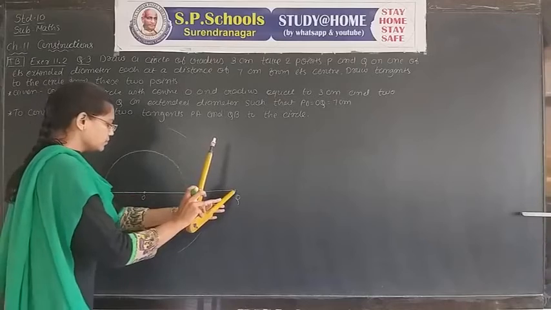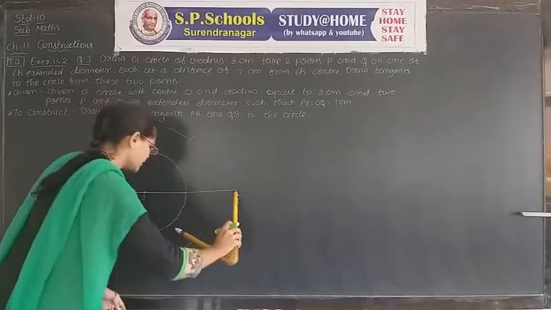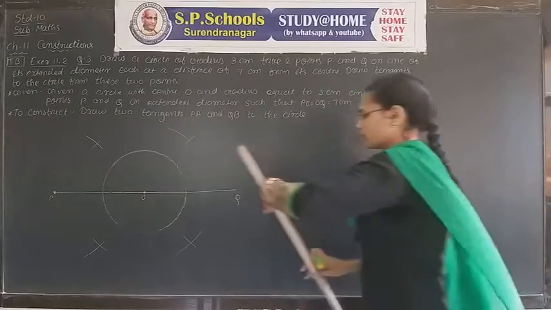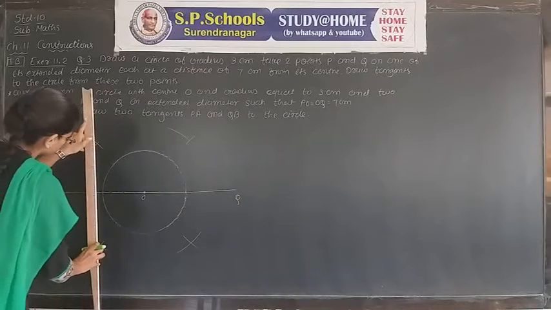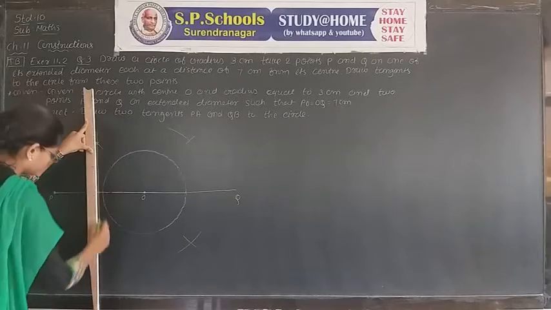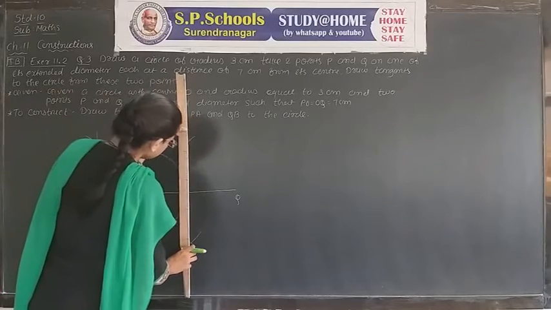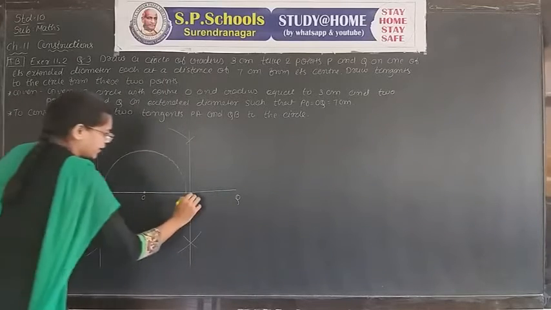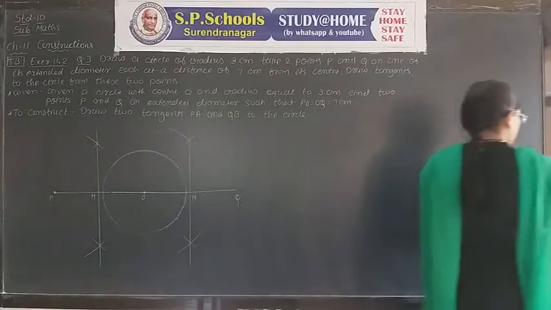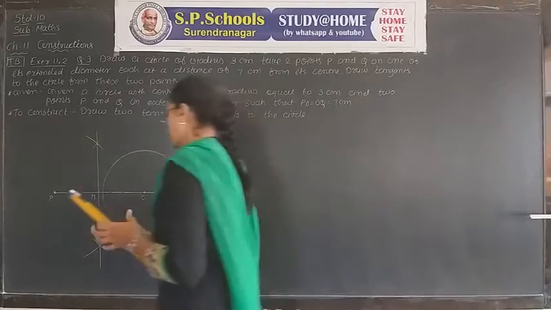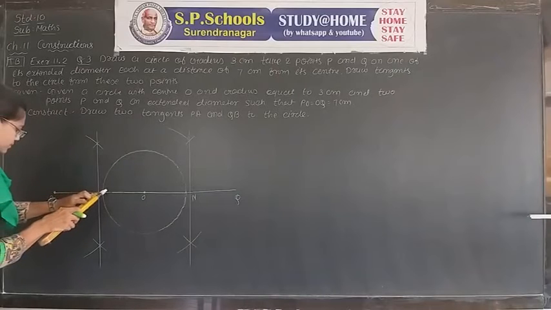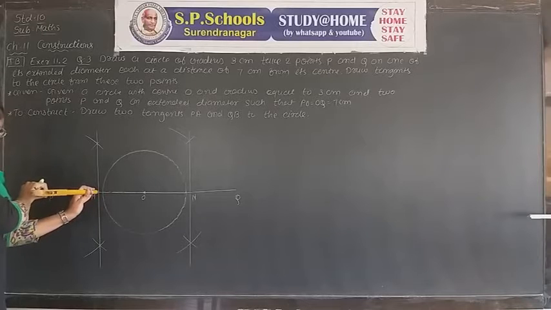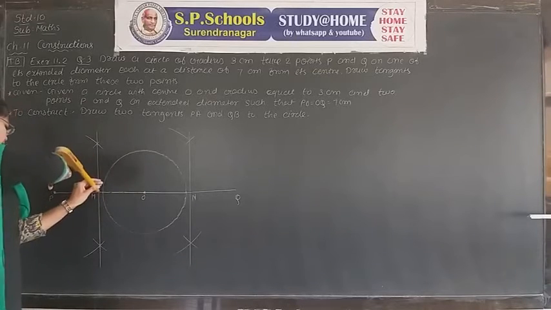There is no need to change the measure. Taking the same radii, draw two intersecting arcs and draw the perpendicular bisector of OP and OQ. Like this, which bisects OP and OQ, suppose at point M and at point N. Now we draw a circle taking M as center. MP and MO are both equal.